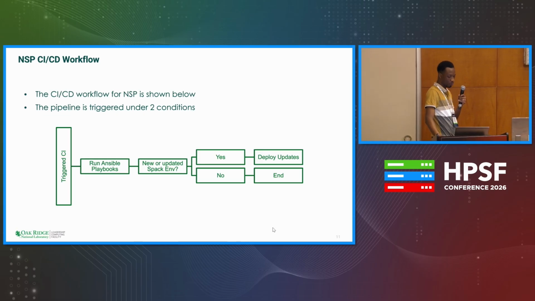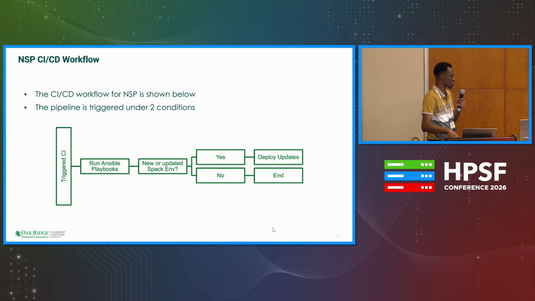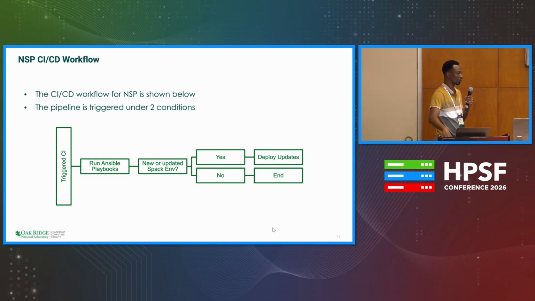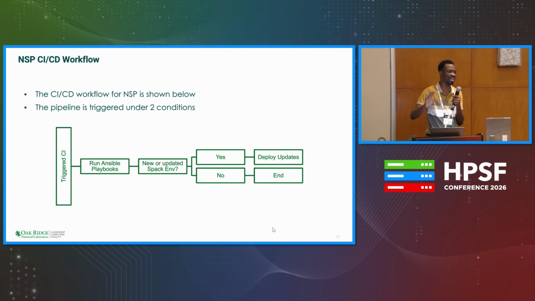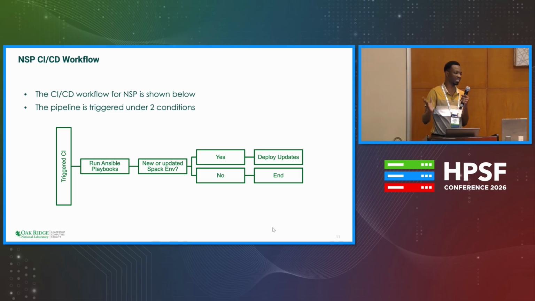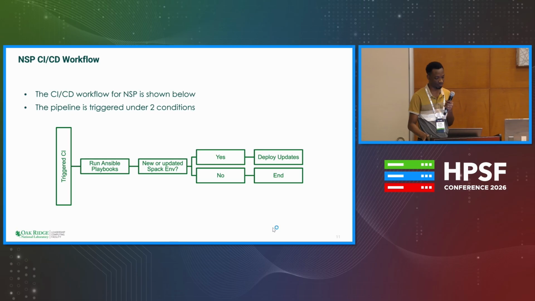When we run the Ansible playbooks, we detect all Spack environments that exist within the Spack role, within the playbook of whichever system it is. We also try to detect if there have been any updates to environments that have already been deployed, or any new environments that have been added.